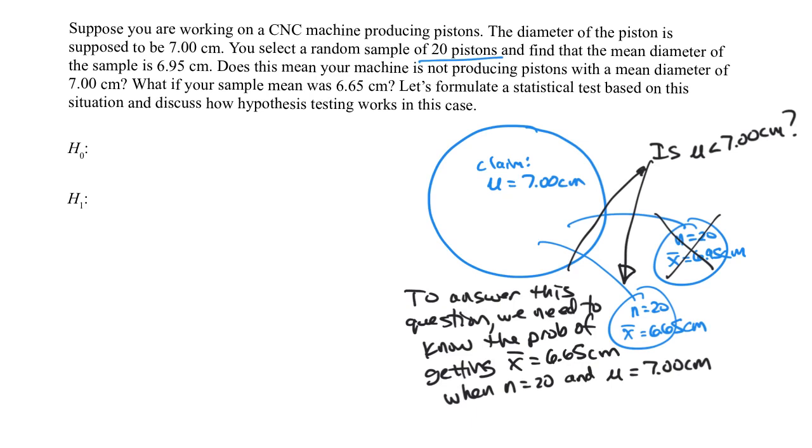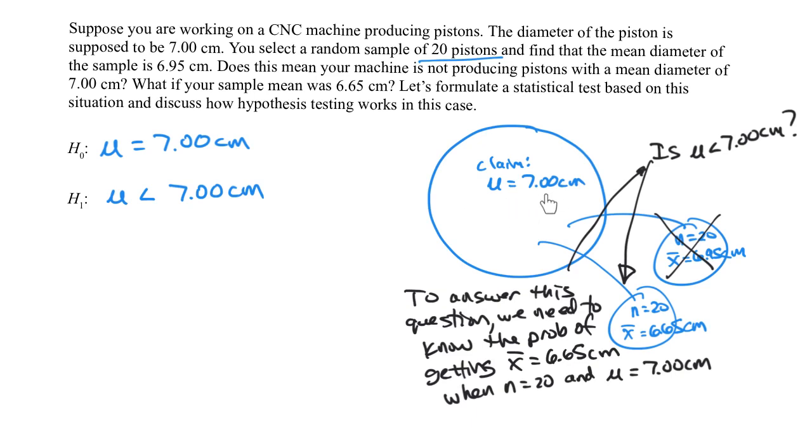So to get started here, our null hypothesis would be the mean equals 7.00 centimeters. And looking at our sample, because both of these examples were below 7, we would probably say the alternate hypothesis is that the mean is less than 7.00 centimeters. So that's kind of what chapter 8 is about.